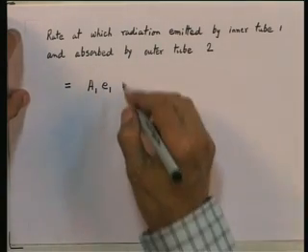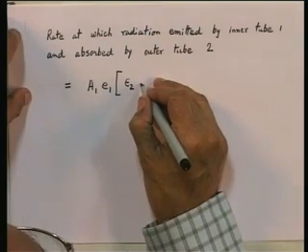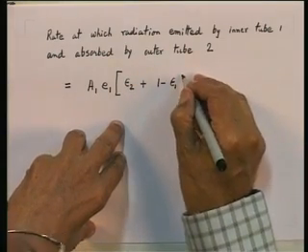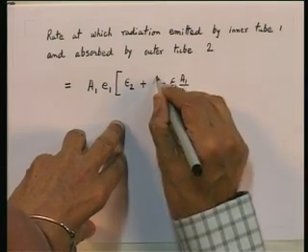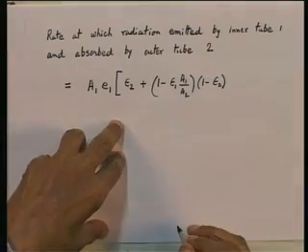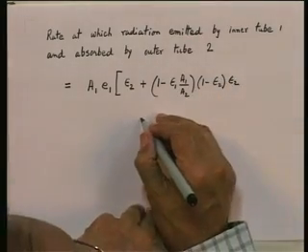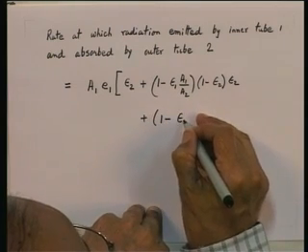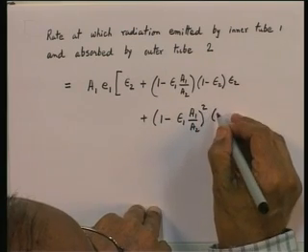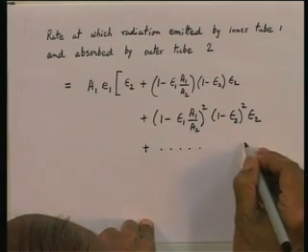So, I am going to take that outside and I will get the terms inside to be: the first term is epsilon 2, the next term will be 1 minus epsilon 1 A1 upon A2 multiplied by 1 minus epsilon 2, multiplied of course by epsilon 2, plus the next term, which we have not derived but you can do on your own, 1 minus epsilon 1 A1 by A2 the whole squared, 1 minus epsilon 2 the whole squared, multiplied by epsilon 2, plus so on. That is what we are going to get.